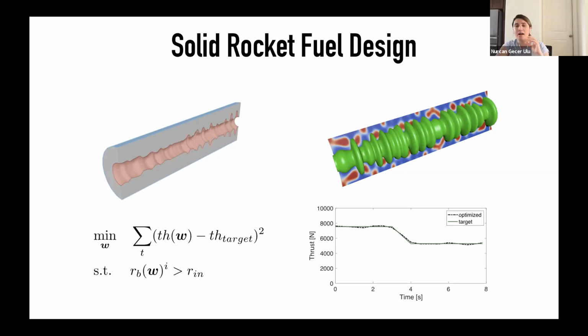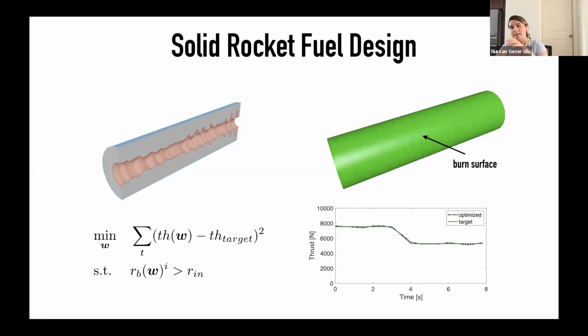Basically, we have the material distribution in this blue and red region. This blue and red color plot shows the material distribution, and we have this green surface as our burn front. This burn surface propagates and becomes a cylinder at the end, which is the most important innovation in this work. And through this burning process, we achieve this desired target thrust profile.